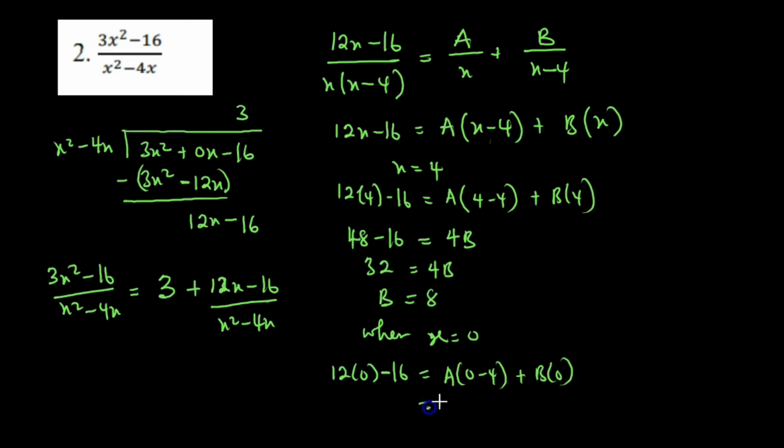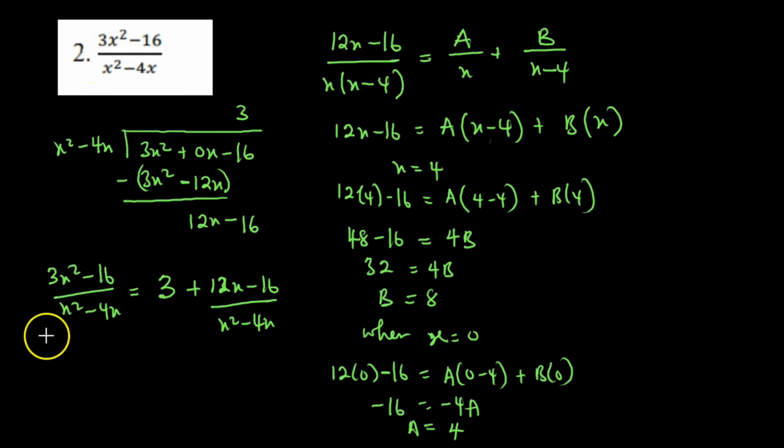So we are left with negative 4a equal to negative 16, and obviously then dividing through by negative 4 will end up giving us a as 4. So ideally we've seen that our a value is 4, our b value is 8.